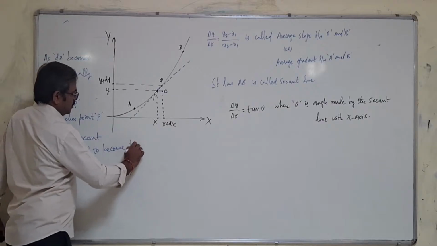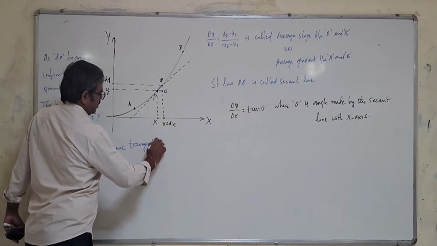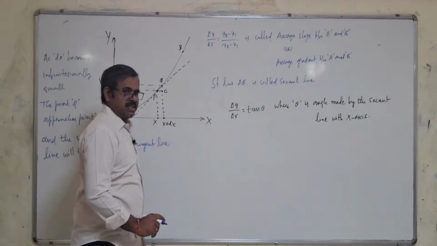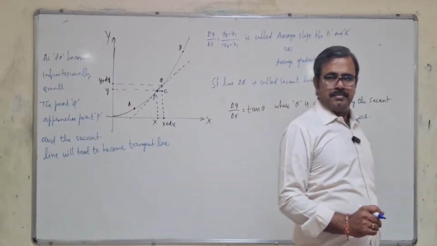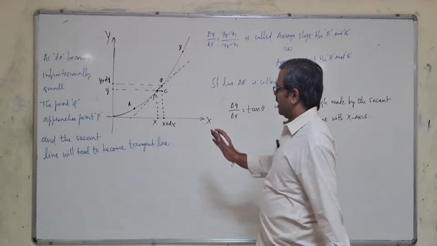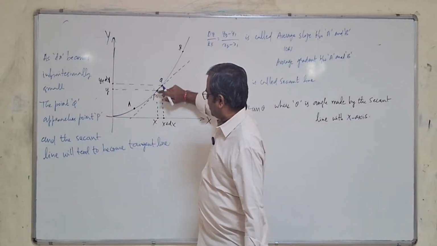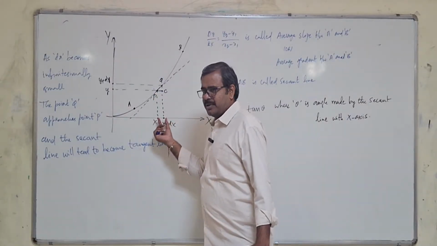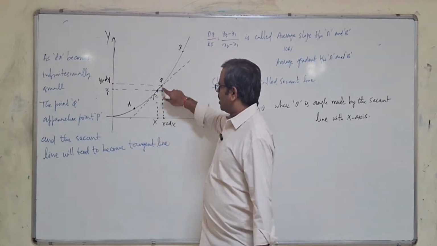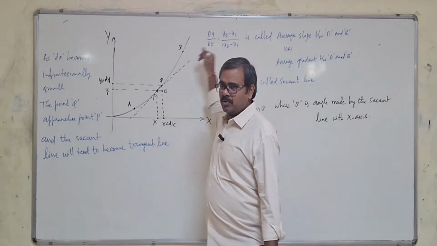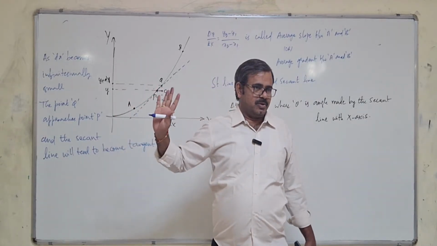Tangent line. You understand this? So the tendency of the secant line, as these 2 points come closer to each other, as the interval becomes smaller and smaller, is to become the tangent line. Do you understand this?